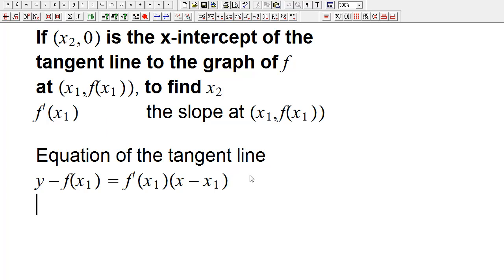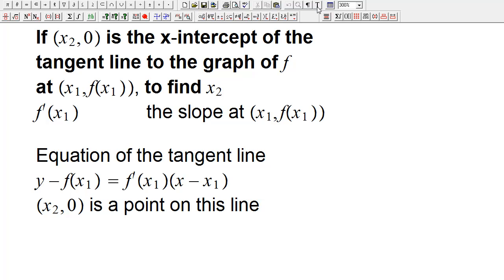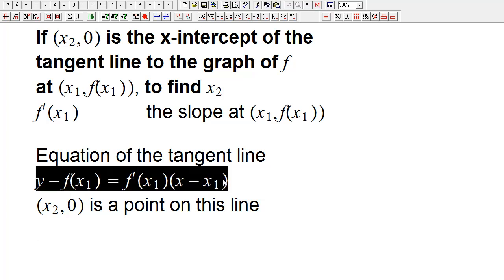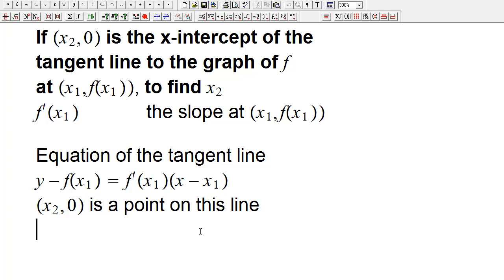Now we know that (x2, 0) is a point on this line. So we can substitute y equals 0 and x equals x2, and the equation will still be true, or we'll have an identity.